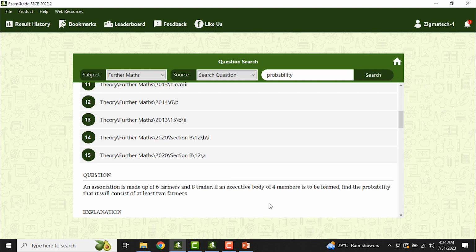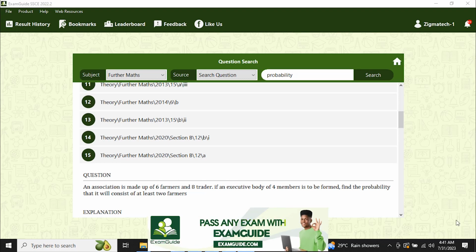If an executive body of 4 members is to be formed, find the probability that it will consist of at least 2 farmers. We have 6 farmers, 8 traders.